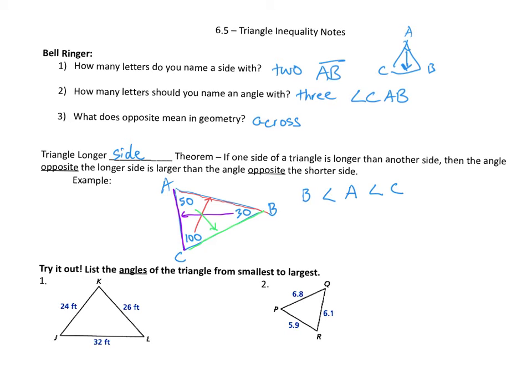B matches with AC. Well, AC then has to be smaller than CB, which is also then smaller than AB. AB will have to be the longest side because it correlates with the largest angle.